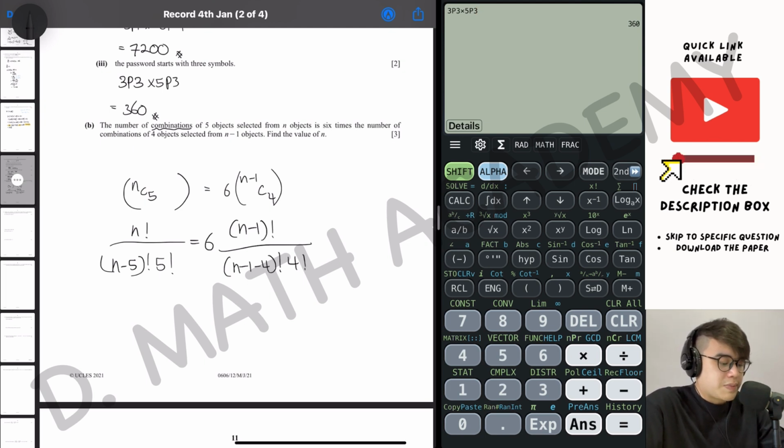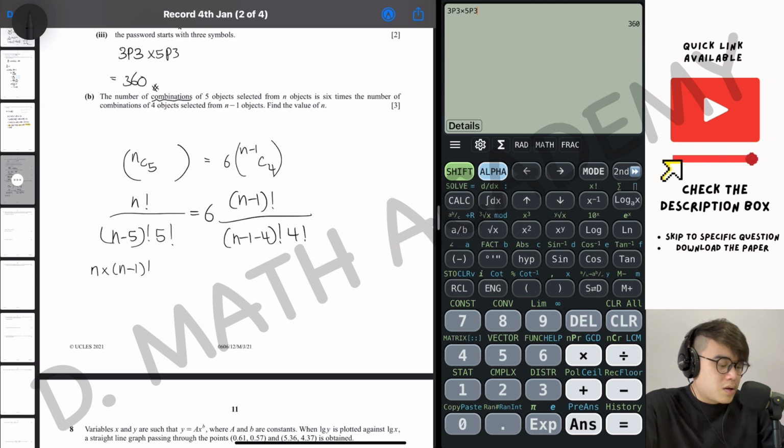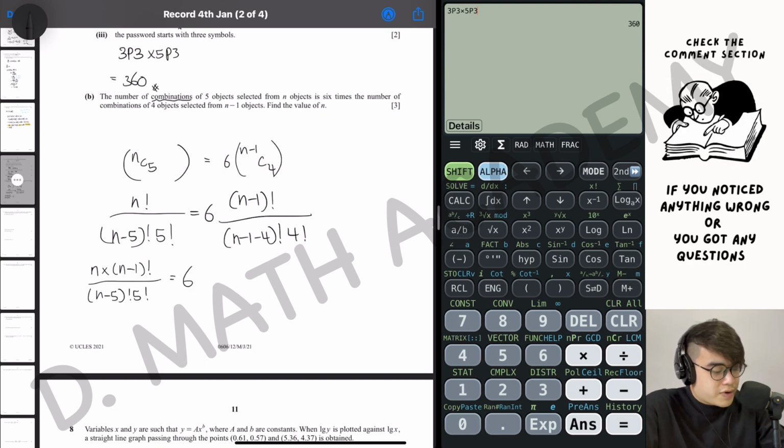So let's expand it out. Here we have n times n minus 1. I would just stop here. And then n minus 5 factorial, 5 factorial. I will stop here as well. n minus 1 factorial, n minus 5 factorial, 4 factorial.